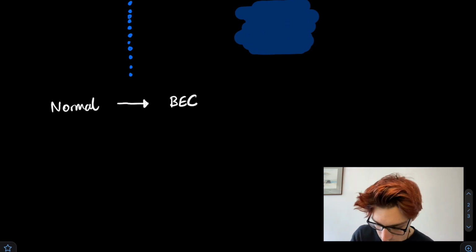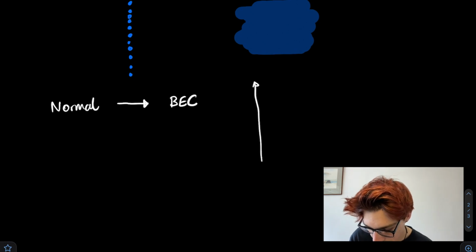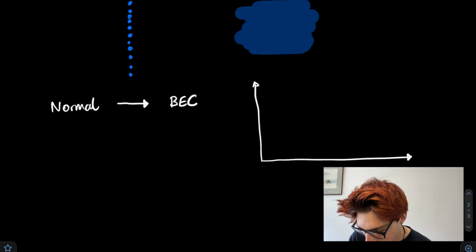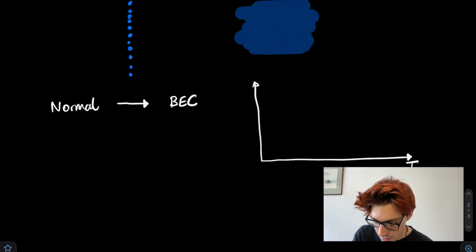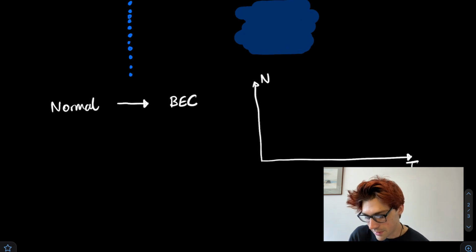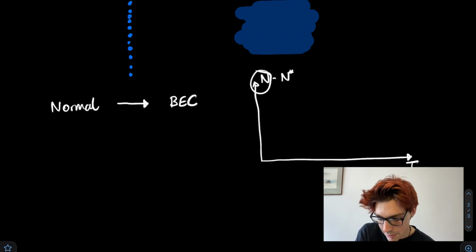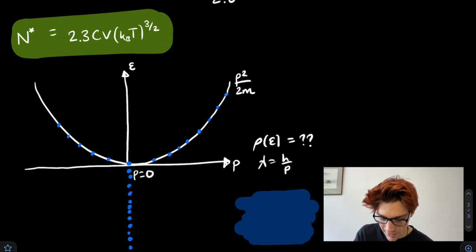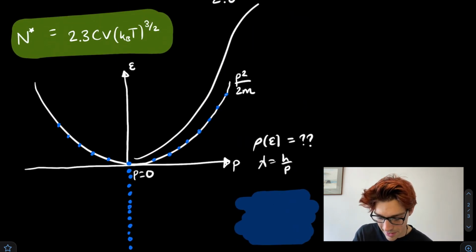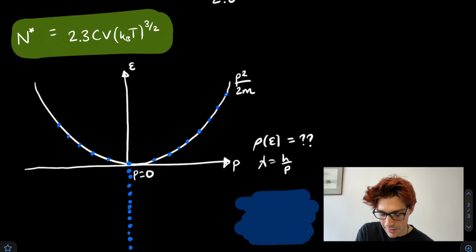And in fact, if we draw a graph of temperature and the number of particles that appear in the Bose Einstein condensate, this will be n minus n star, where n is the total number of particles in the gas, and n star is the number that is not in the condensate. This is the number that's being occupied in this part of the graph.